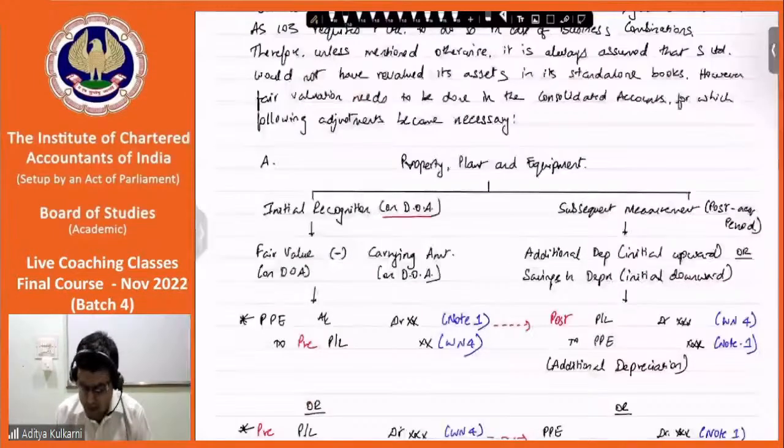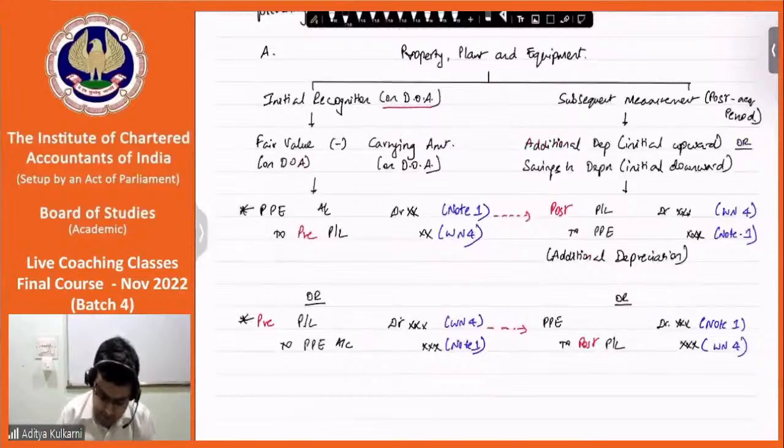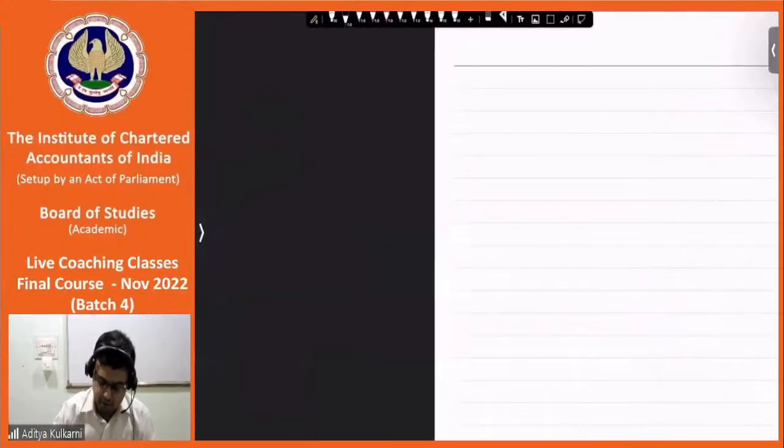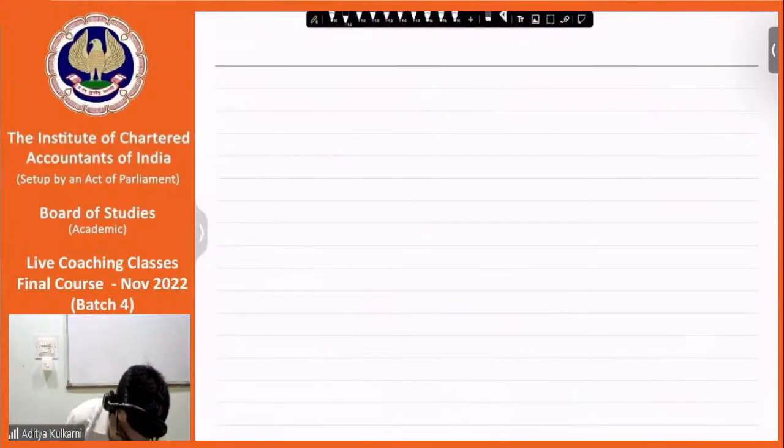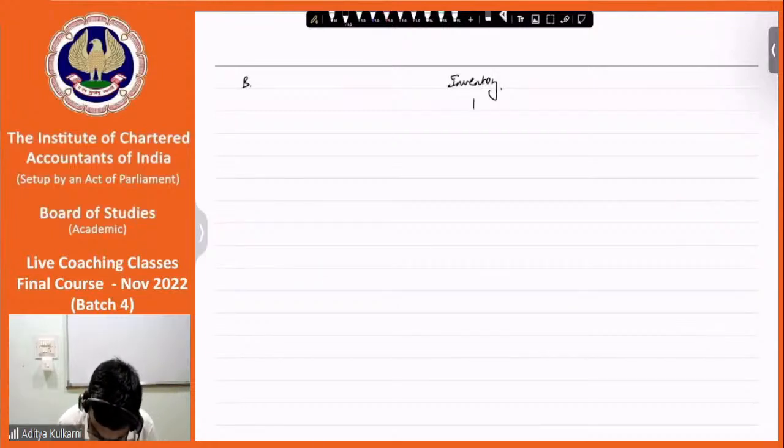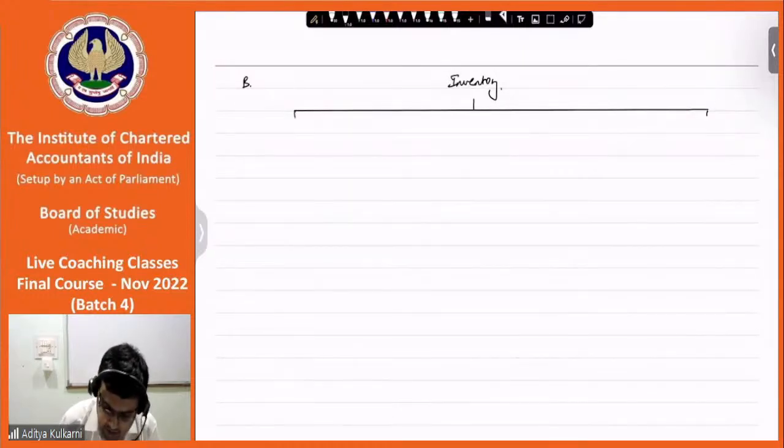Okay. So we will write this theory for inventory. We have already written the theory for property, plant and equipment. We will write the theory for inventory. Now, inventory looks something like this.